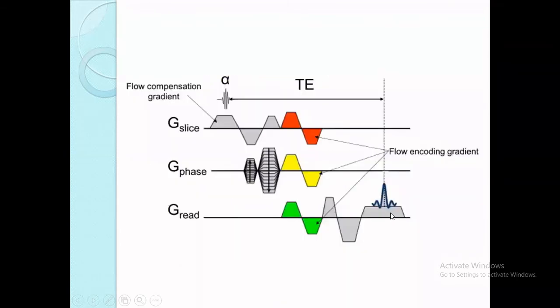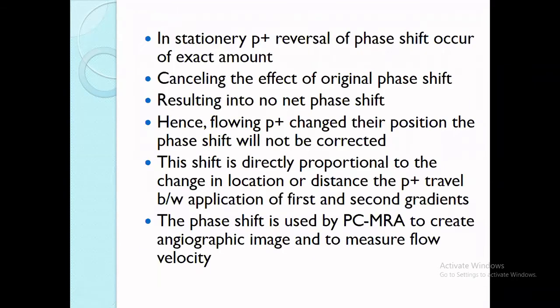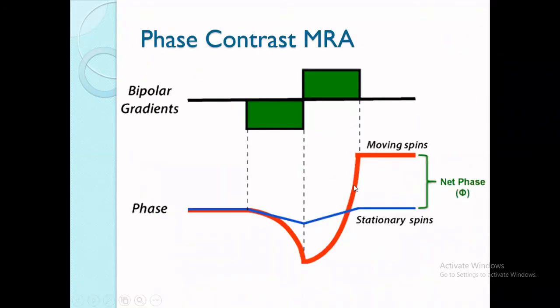That's why this phenomenon is similar to this one. For the stationary spins, a change happened in one direction, and you apply an opposite one to it, so there will be a net effect of 0, but this is not the case for the moving spin.